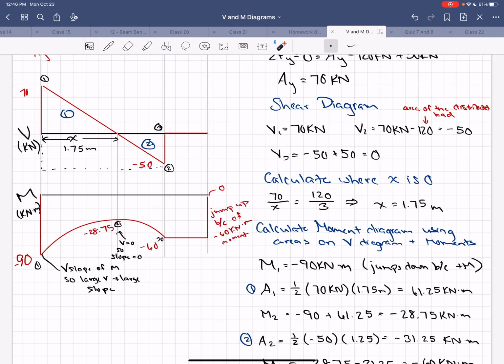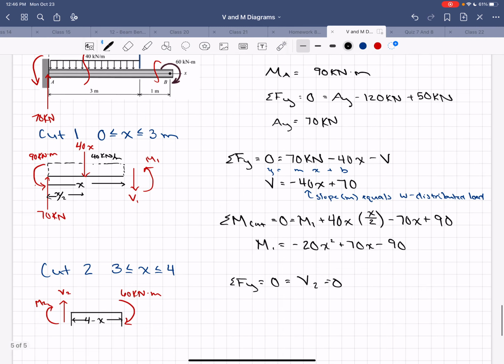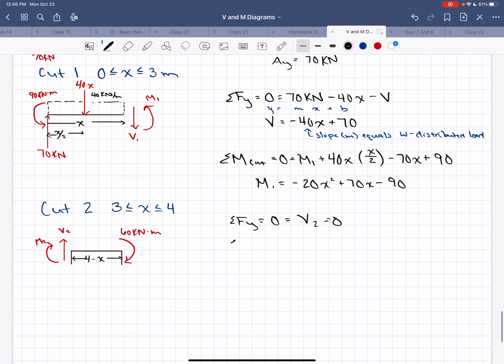Shear equals 0, and then the next thing we have is sum of the moments about the cut equals 0, so we have negative M2 equals negative 60 kilonewton meters, so we get that M2 equals negative 60 kilonewton meters.